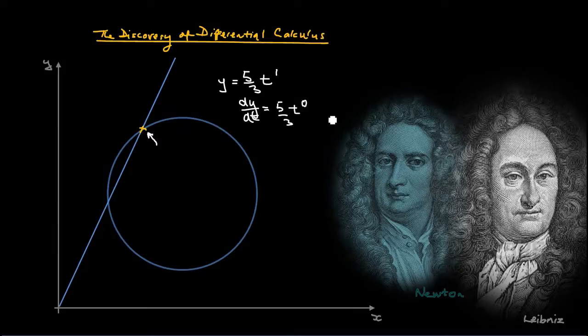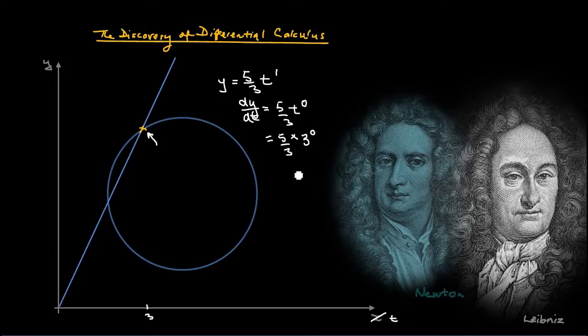Okay, well, if the instant is, let's say, t equals 3. Okay, so let's change that from x to t. Then if I substitute 3 into this, we've got the gradient is 5/3 of t, which is 3, so times 3 to the power 0.